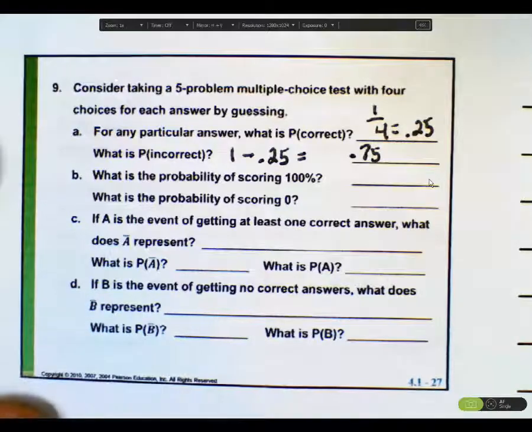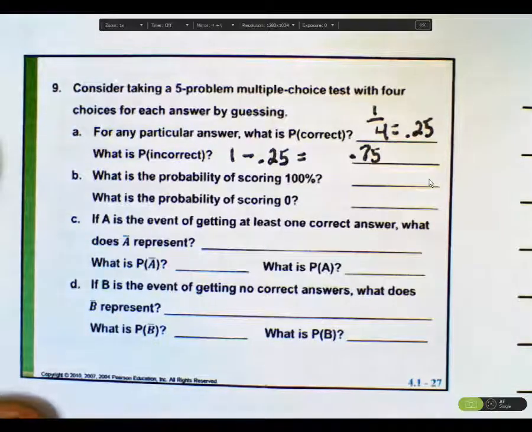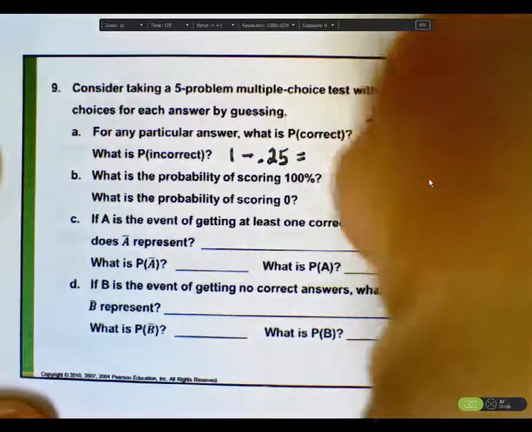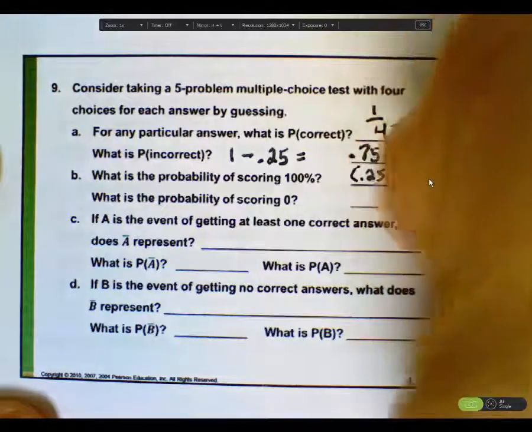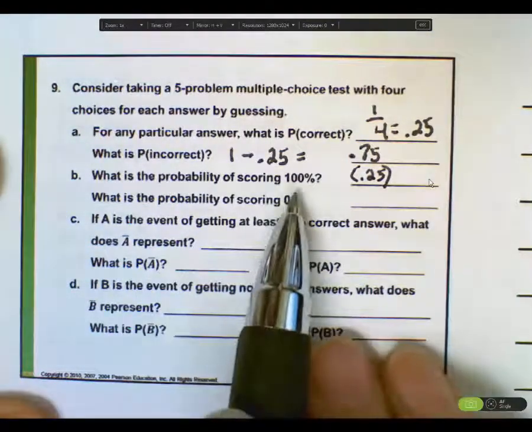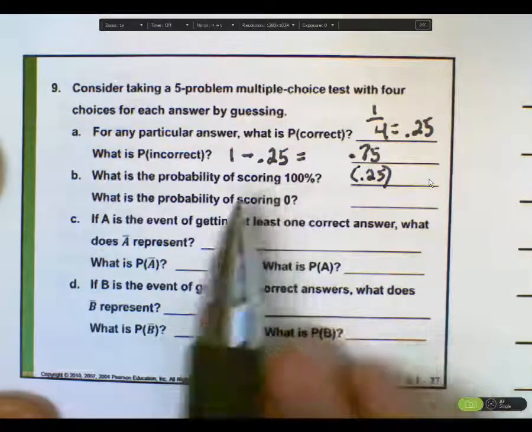What's the probability of scoring 100%? The only way you could score 100% is to guess correctly on all 5 questions. The probability that you guess correctly on the first question is 0.25. And in order to make 100%, you would have to guess correctly 5 times.